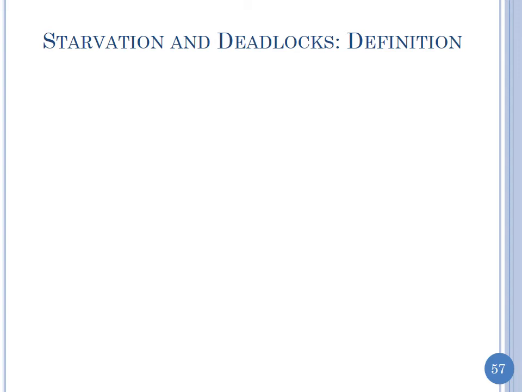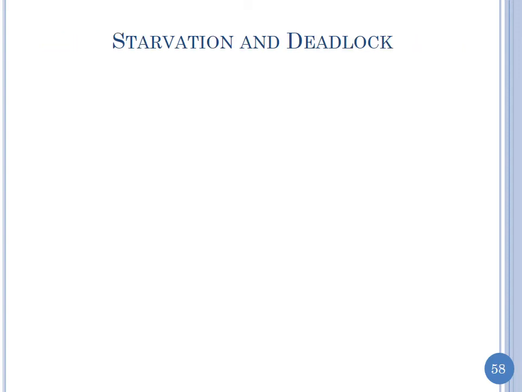So let's talk about the difference between starvation and deadlock. The word starvation has already been used earlier in the course, and we never gave a definition for it. We used the term informally, and so we informally understood what it meant. So let's have not a mathematical definition, but at least a definition of these two terms: starvation and deadlock.